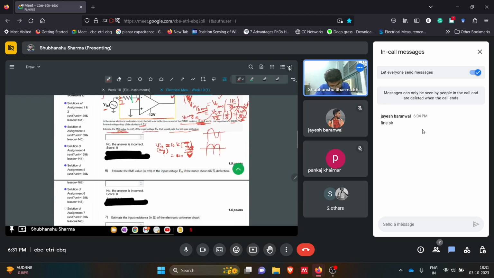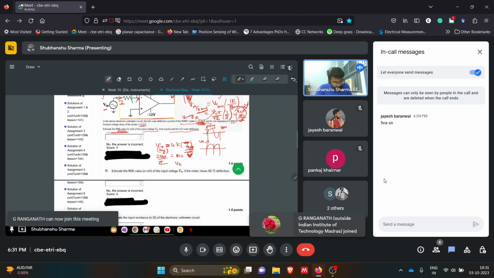Again, what is the sinusoidal wave's average value? That is 2 Vm by pi. Vm is again the peak value of this V input. This was V out. So this is again the expression for the average value.